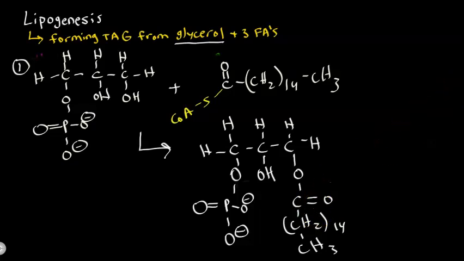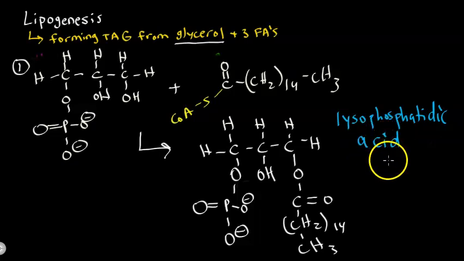This molecule right here is known as, let me write this down in blue, lysophosphatidic acid. This is the molecule that's formed when the first free fatty acid is added to the glycerol molecule.